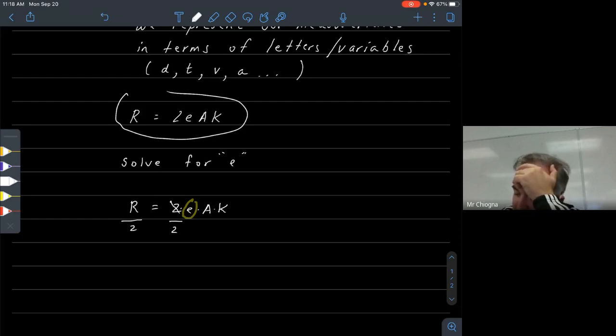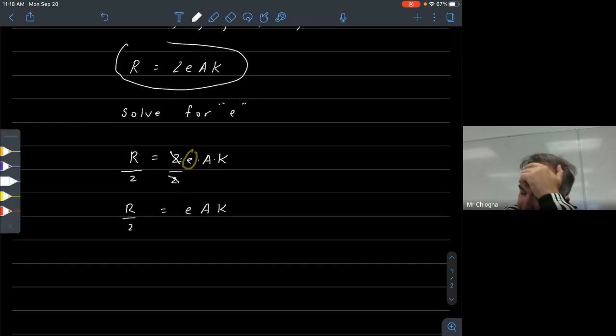Divide both sides by 2. Whatever I do on the right, I do on the left. I get EAK. I can continue doing this one at a time if I want, or I can do it all at once. I'll do it one at a time just to give an idea. I'm going to divide the right side by A. Whatever I do on the right, I have to do on the left.